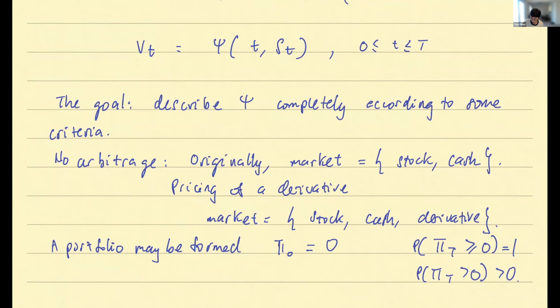Anyway, I'm not too concerned about this. I'm just trying to explain the idea that, first of all, by pricing, you technically might introduce a new product into the market. And second of all, this product is highly correlated with the original stock.